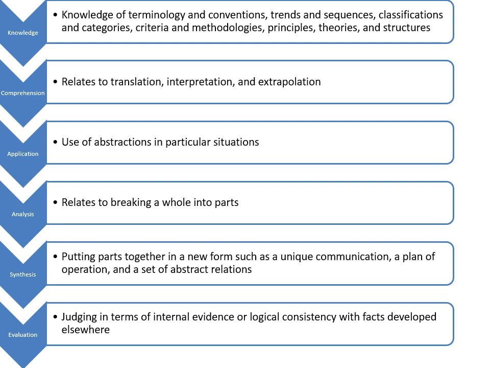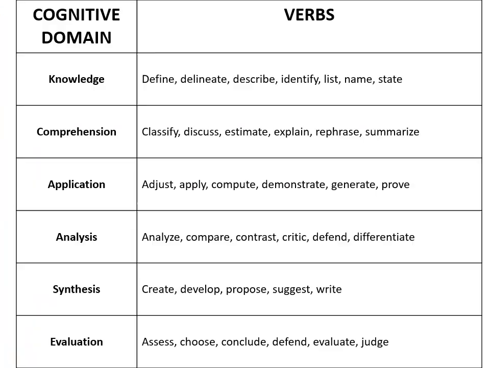Okay, so again, these are just elaborations of the previous example. Okay, so these are the verbs that we use in formulating the objectives. The knowledge, again, since ang kailangan lang naman natin is to recall, to describe, so you have define, delineate, describe, identify, list, name, and state. So these are all verbs that indicate knowledge.